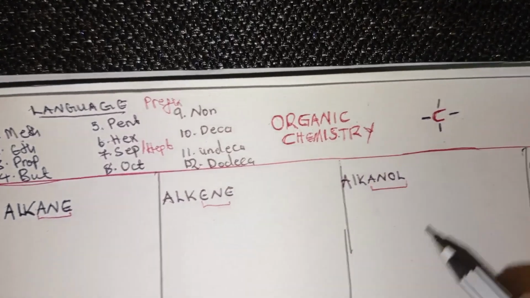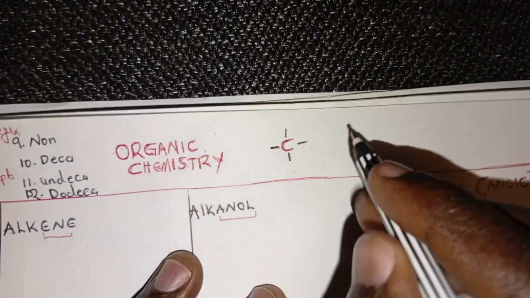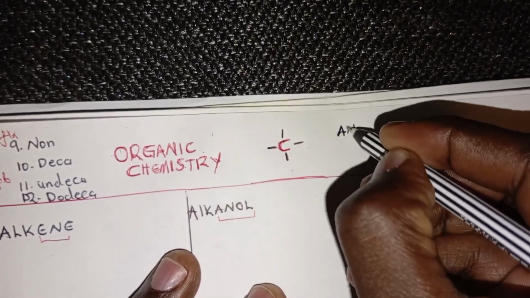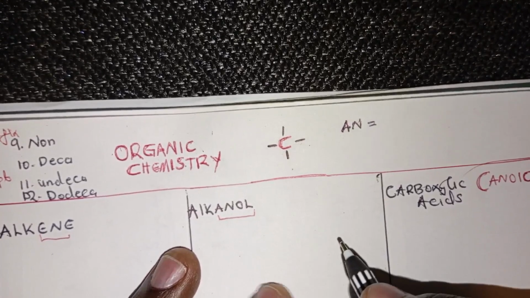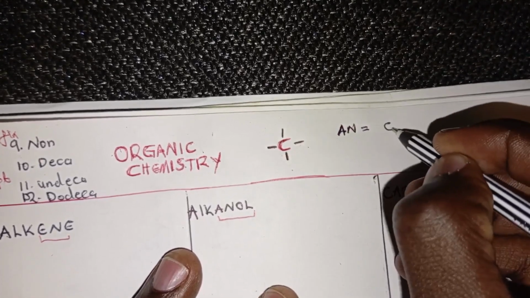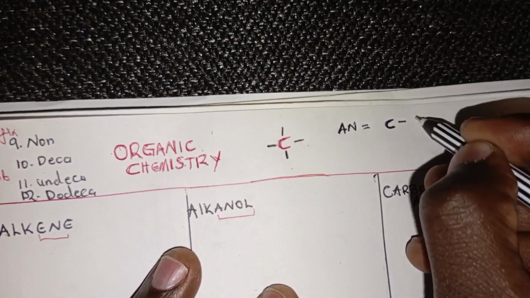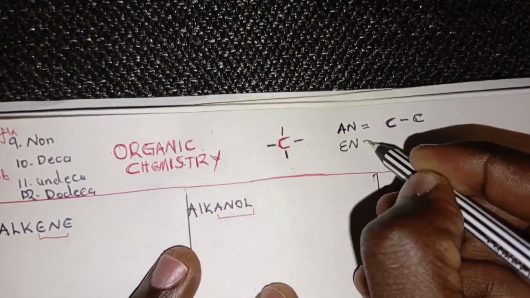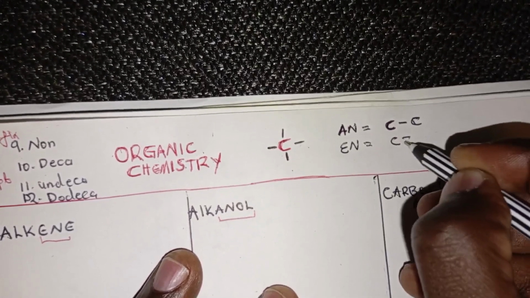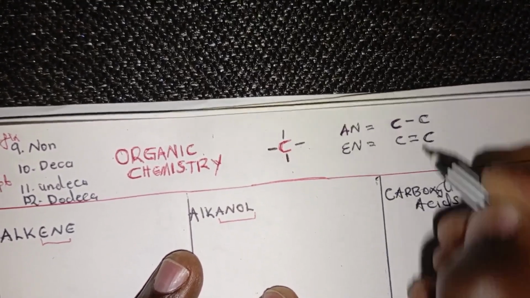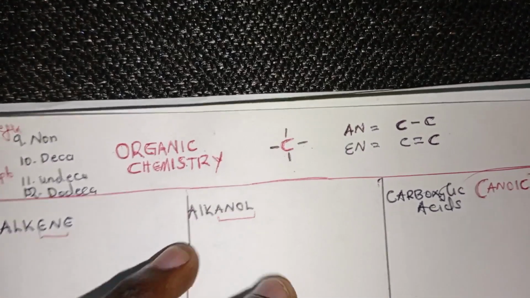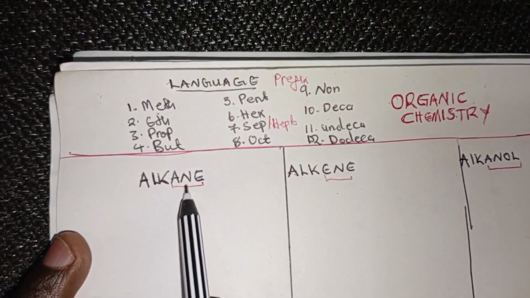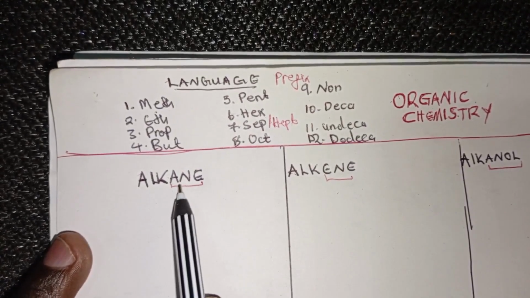Just something to know: each time you see an, it will tell you that a compound has a single bond between carbon atoms. Each time you see en, it tells you that a compound has a double bond between carbon atoms. Here there is an in the middle, so this tells you it's the single bond.